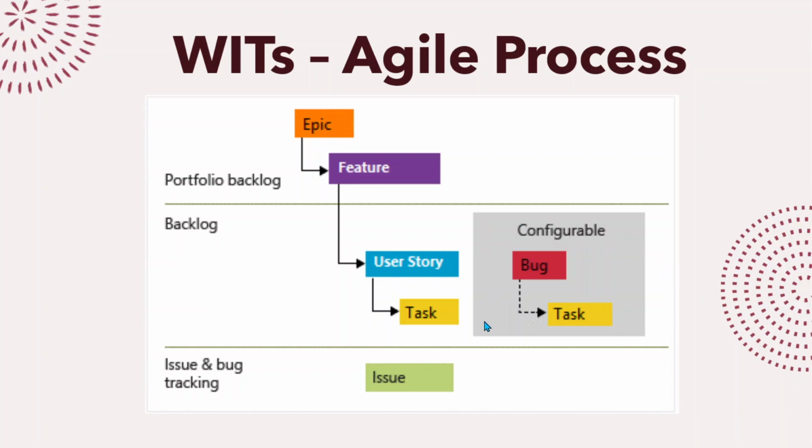That's why we have bug as configurable. Let me show a practical demo of this part, how to configure a bug into your process. Then you will have a clear understanding about it. So this is a very quick introduction to Agile process.